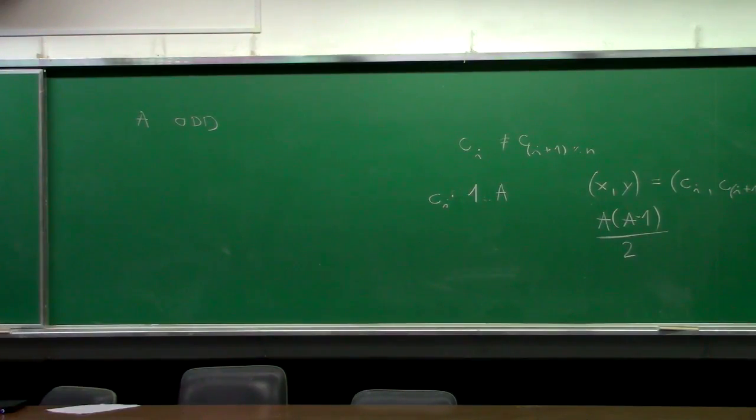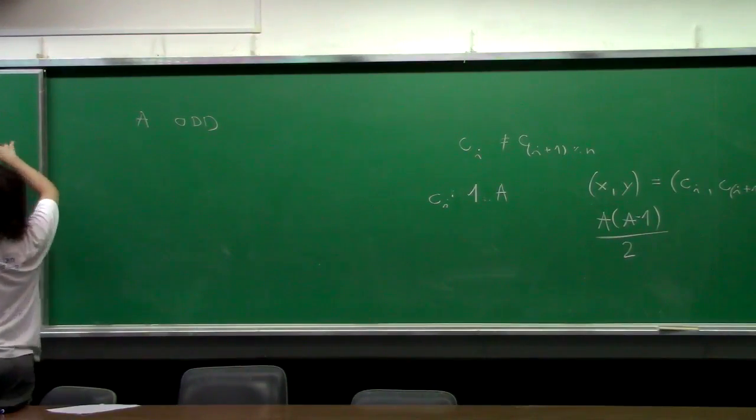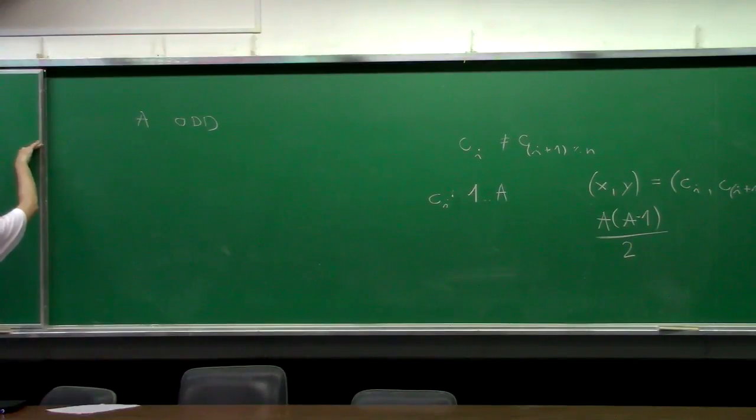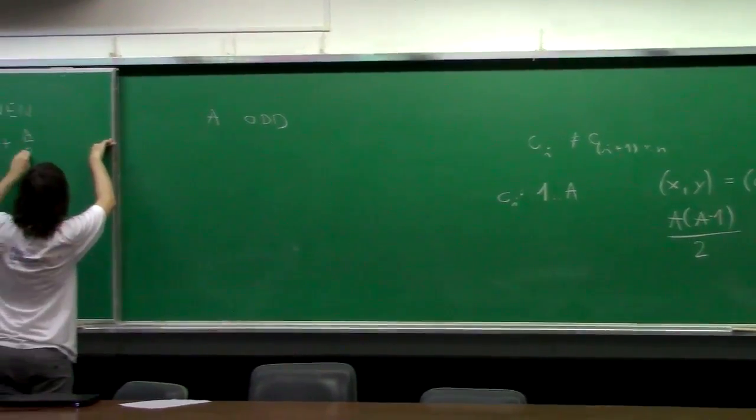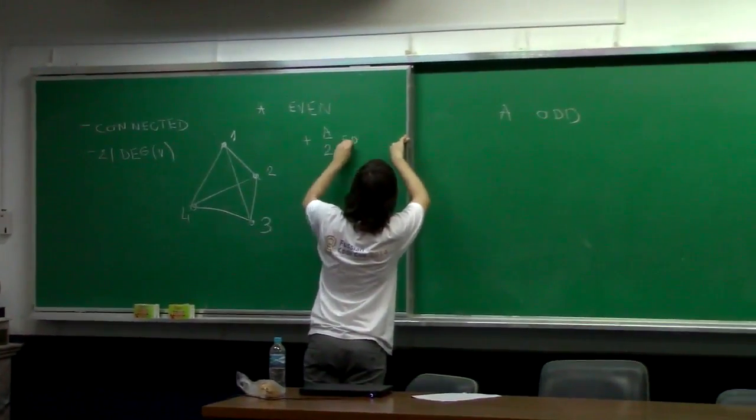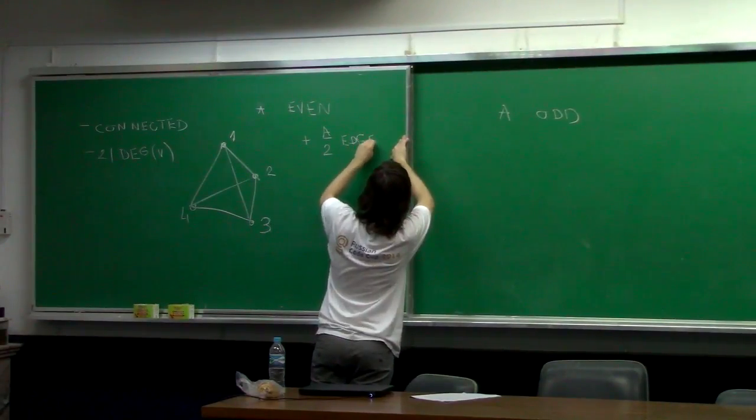And we need to add some edges so that this would have an even degree, and then possibly add some more edges. Of course, since each edge only fixes the degrees of two vertices, and there is an even number of vertices, then we need to add at least A/2 edges.